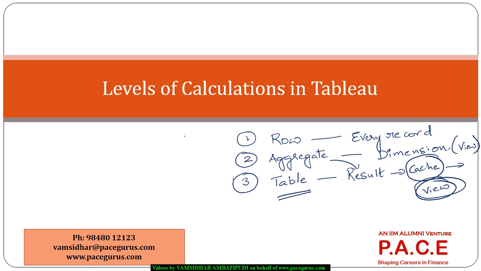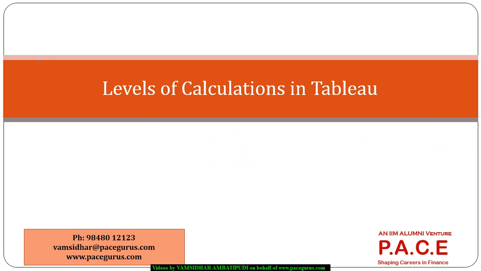We'll discuss table calculations slightly later, whereas the row level and aggregate level are processed as part of the query that we write in the code editor, based on the data source engine, retrieving the values from the data source.